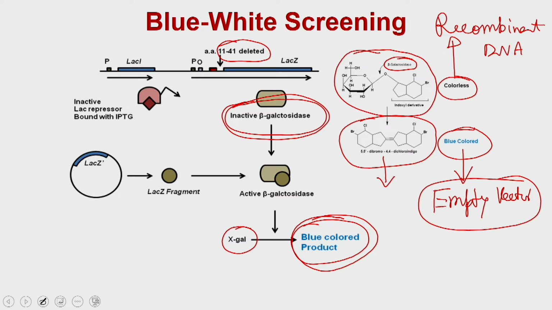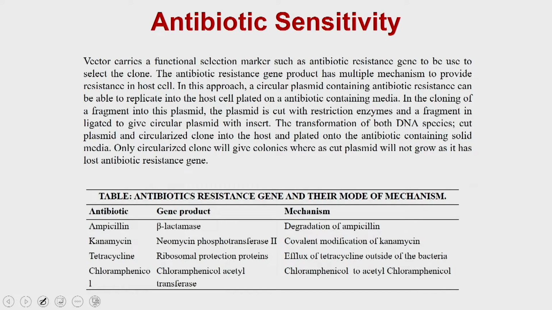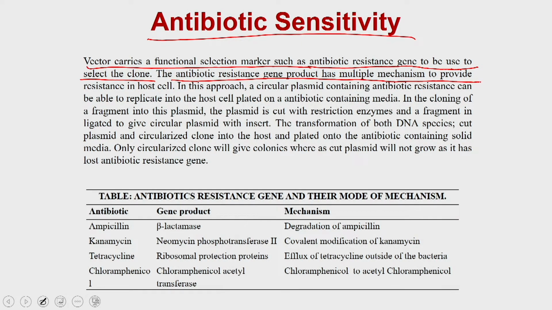Now let us move on to the next thing. Next is called antibiotic sensitivity. In antibiotic sensitivity, the vector carries a functional selection marker such as antibiotic resistance genes, and that can be used to select the clone. The antibiotic resistance genes normally produce products which have multiple mechanisms to provide resistance in host cells.